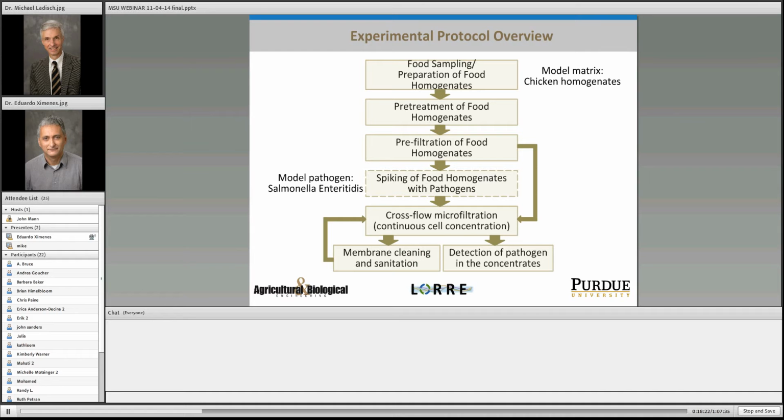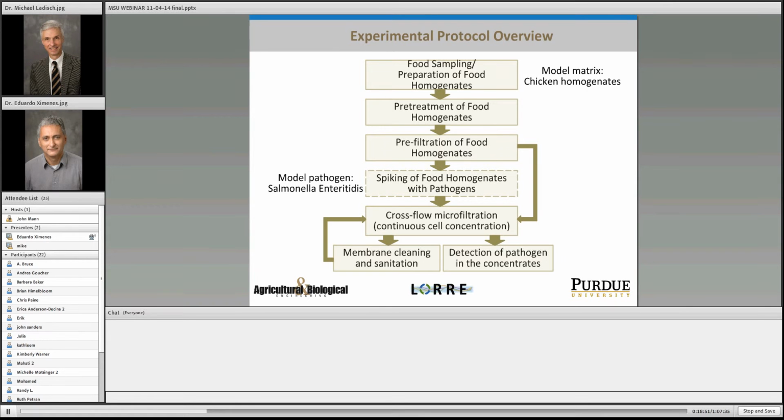For the cross-flow microfiltration, we use hollow fiber membranes, which I'll describe in more detail, with a pore size of 0.2 micrometer. So our instrument is based on a continuous cell concentration approach. We call the instrument C3d.